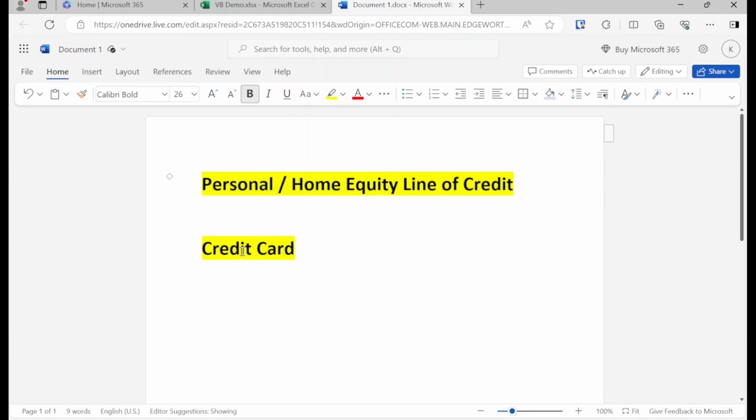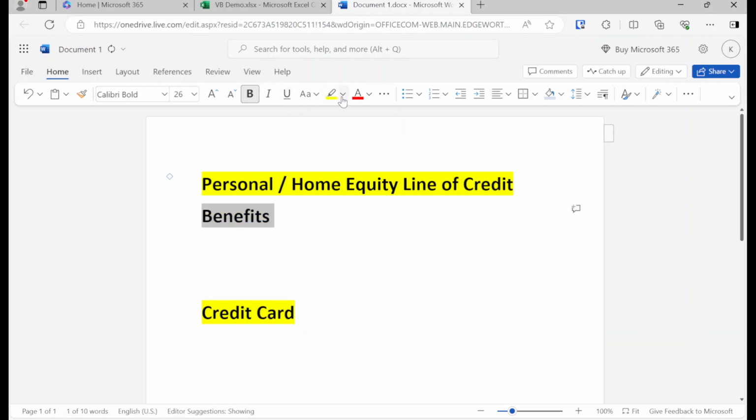Let's list why we would want to use both of these tools when doing velocity banking. I'm going to list the benefits of using a personal or home equity line of credit. The first benefit is lower interest rates. I talked to somebody a few days ago, and she said she had a home equity line of credit at 5%.